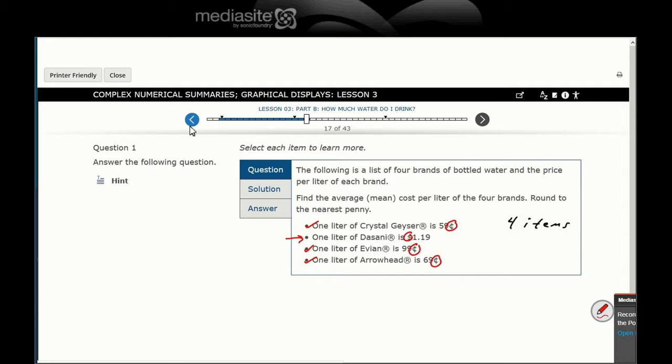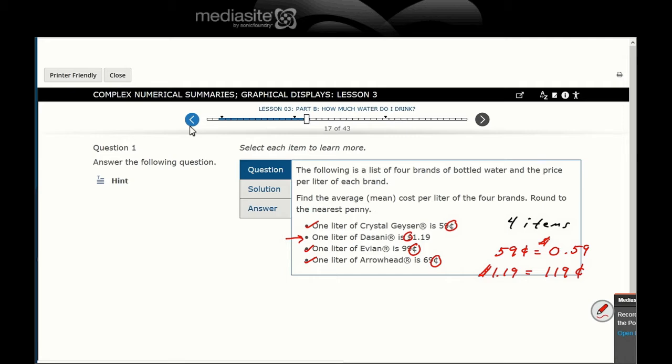Now I can either change 59 cents to dollars by dividing by 100 cents per dollar, or we can change $1.19 to 119 cents by multiplying, since a dollar is 100 cents.